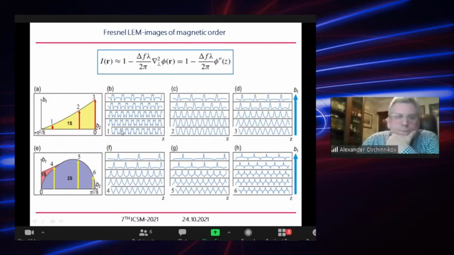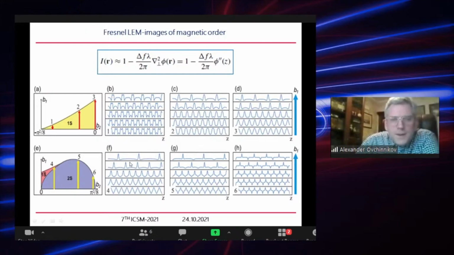So we see that profiles of the intensities vary drastically depending on the magnetic field and the stress. Here we see that changing V2 causes very noticeable rebuilding of the profiles.